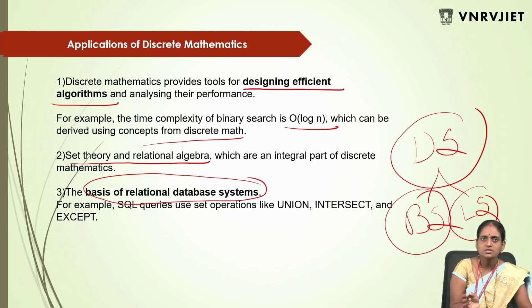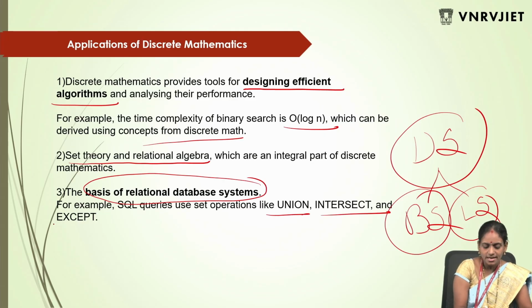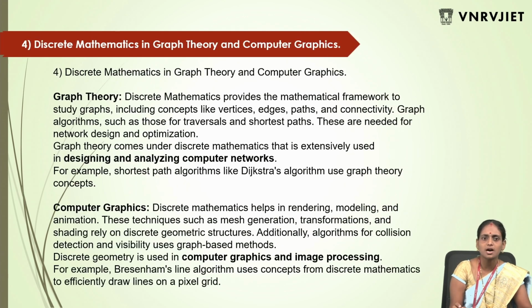These come under different types of union, intersect, except. Like that we perform different types of operations between the tables. That concept comes under relational database management systems. This is the third application.